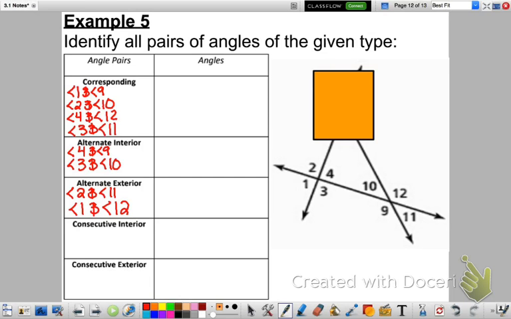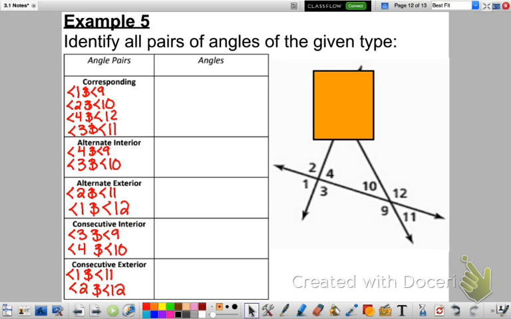Consecutive interior would be 3 and 9, and then 4 and 10. Consecutive exterior would be 1 and 11, and 2 and 12. So we have just completed the first set on this problem.